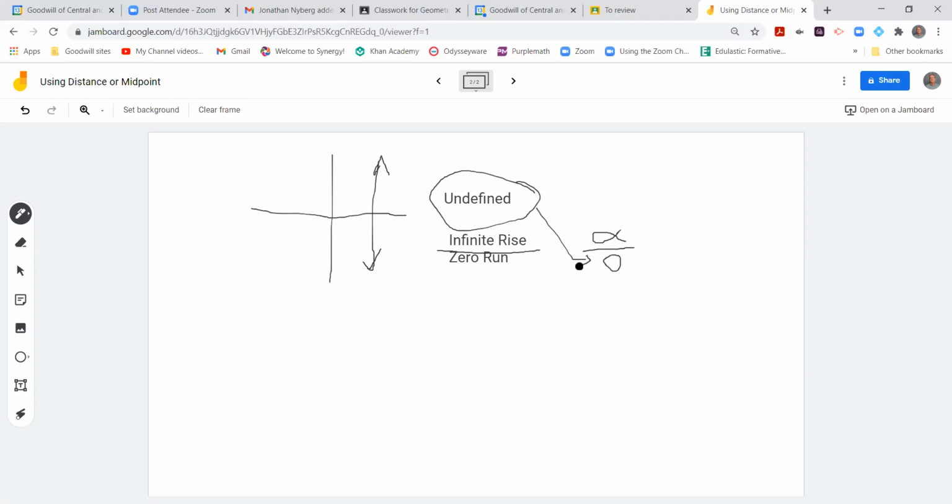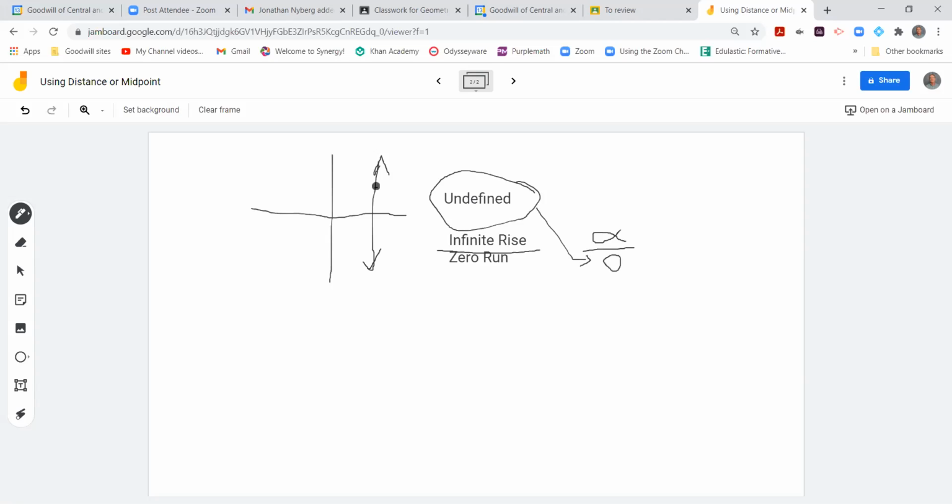No mathematician ever has been able to satisfactorily define how you can divide anything by zero. Because division by its nature is you're dividing by something. Well, zero is nothing. So how can you divide by nothing? I don't care what the number is.